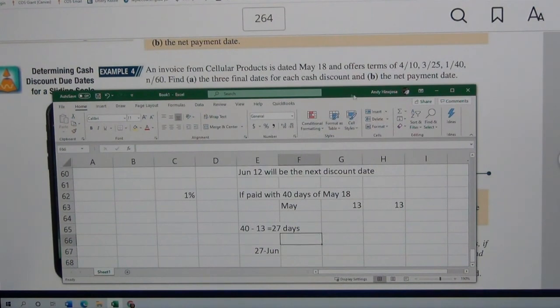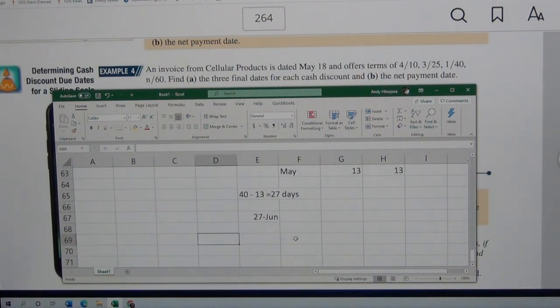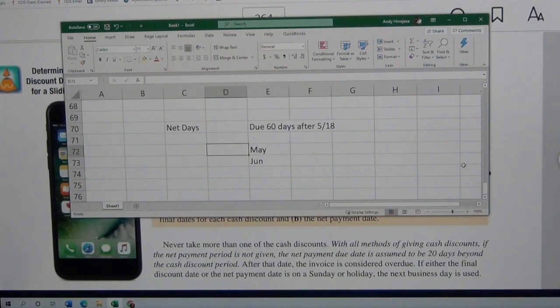And then I think we needed to figure out what the net payment date is. 60 days. This one is going to be a little more of a challenge, but we'll do the net here. Due 60 days after May 18th. We know it's 60 days after May 18th. How many days do we have remaining in May? We've already computed that.